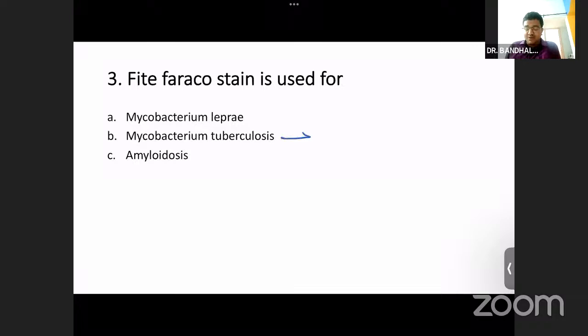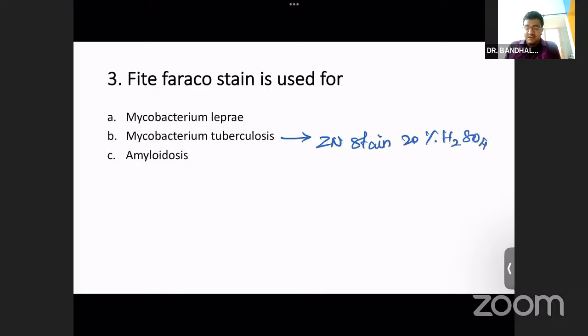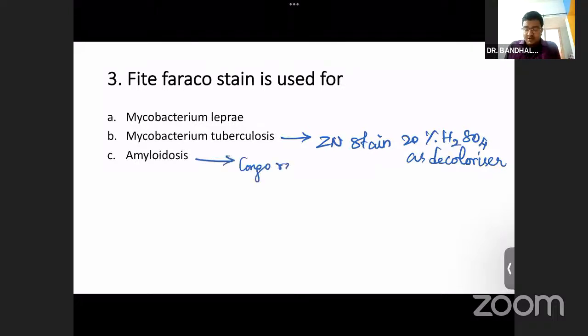For Mycobacterium tuberculosis, it is the ZN stain with 20% H2SO4 as a decolorizer. For amyloidosis, it is Congo red, thioflavin T and so on.